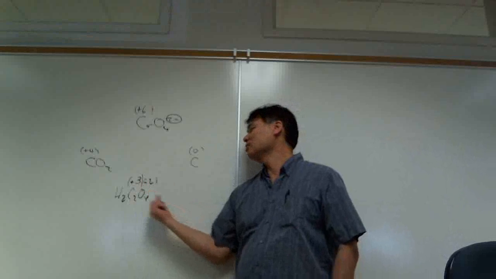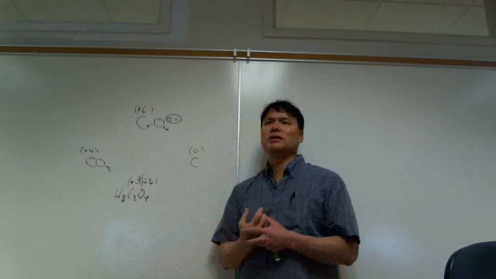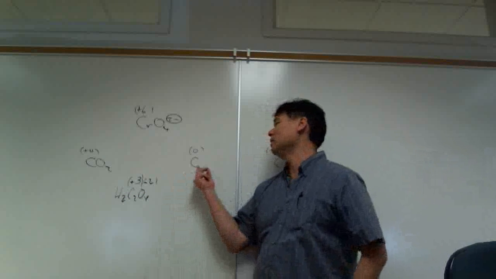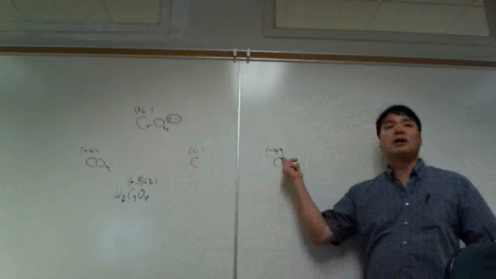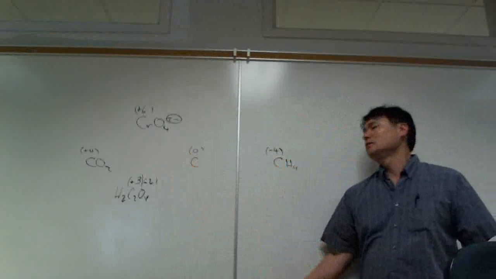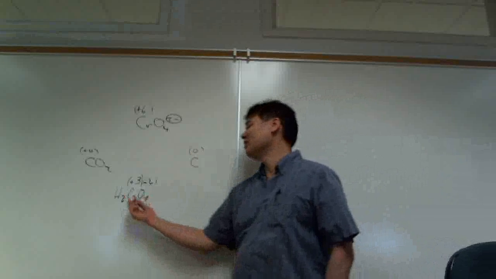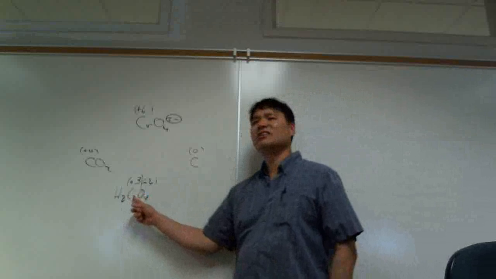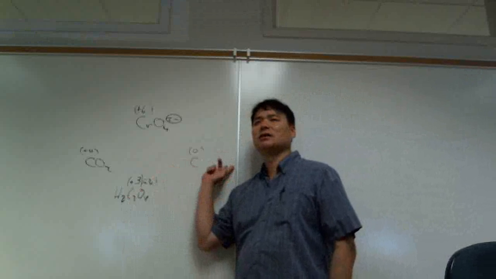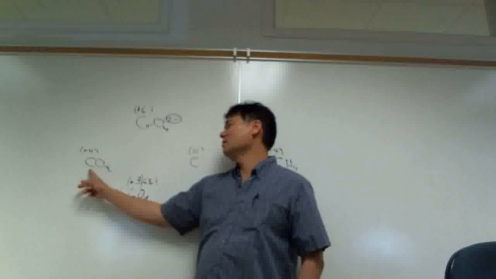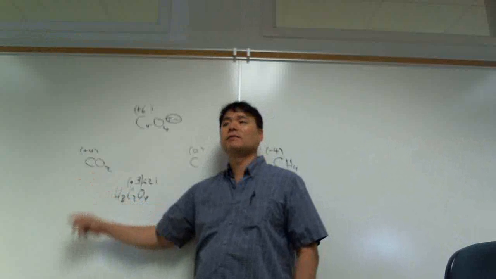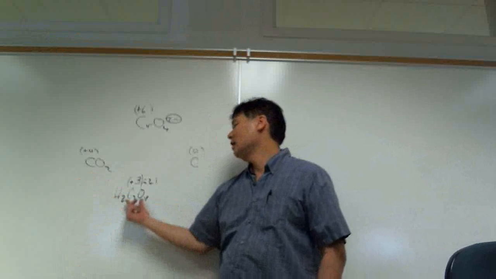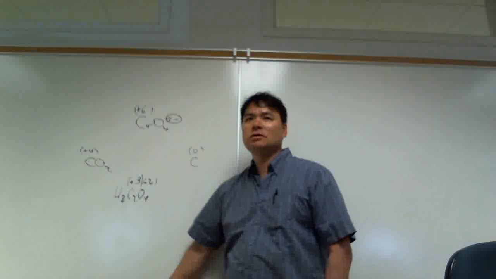To pull an electron off a carbon with plus 3 is going to be more difficult than pulling an electron off a carbon at 0 or at minus 4, right? So it's going to be more difficult to ionize this carbon than any of these. And this one's going to be extremely difficult because we'd be pulling a core electron off that. And so this is why oxalic acid is a weak reducer.